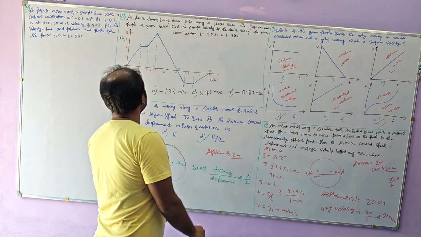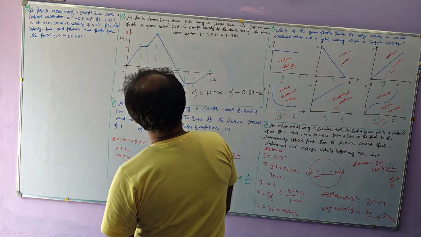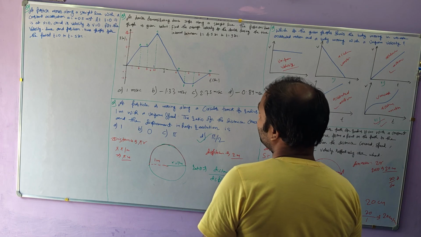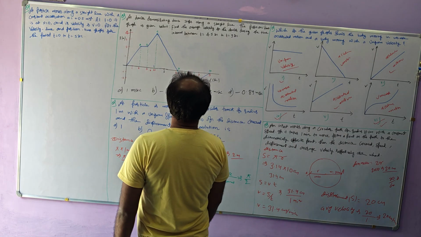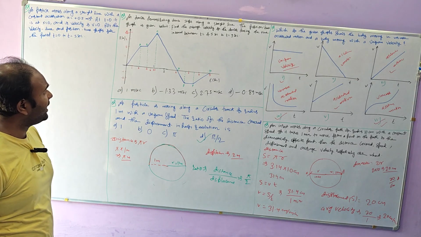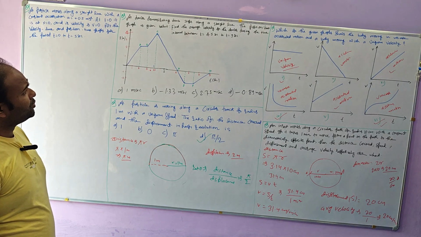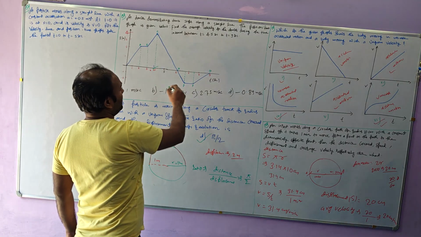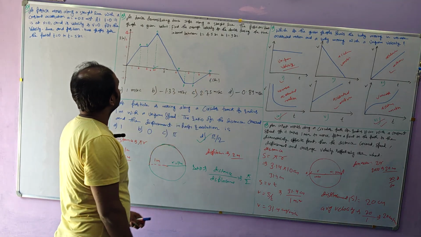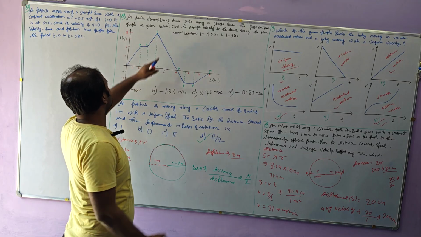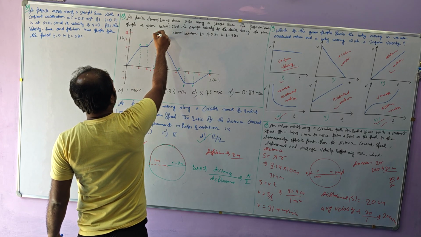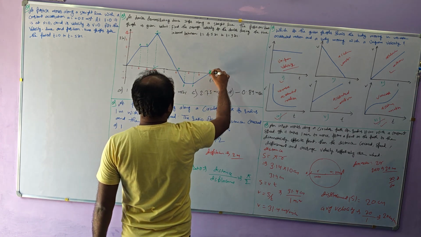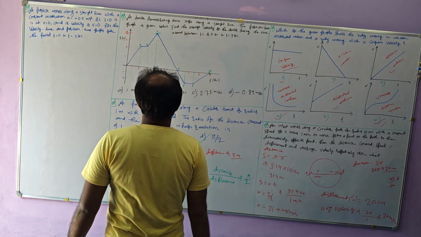In another question, a dancer demonstrating dance steps along a straight line. The position time graph is given below. Find the average velocity of the dancer during the time interval t is equal to 4.5 second to t is equal to 9 second. Here the displacement is 4 meter, and here at t is equal to 9, displacement is 0.